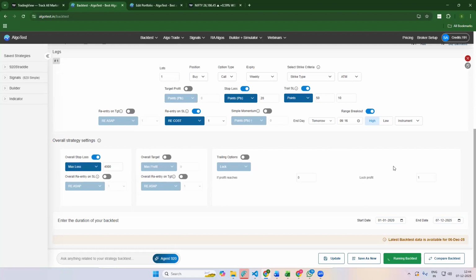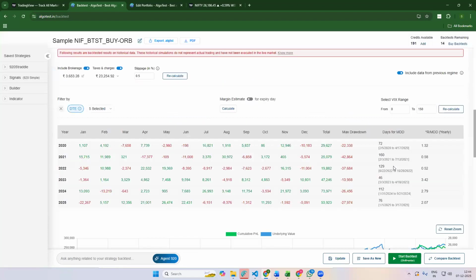Sachin, once we get the credentials for AlgoTest and IIFL, how many times can we start the backtesting per day? Any limit? You get 25 free backtests for 1 week.